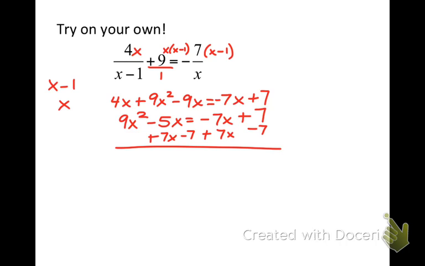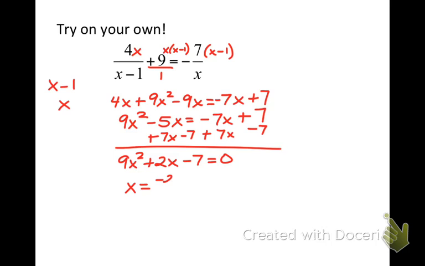So what's my quadratic going to look like? It's going to be what? 9x squared plus 2x minus 7 equals 0. What are we going to go with? Quadratic? Yeah, that's the foolproof way to go. Quadratic every time. Less thinking involved. You just plug it in.